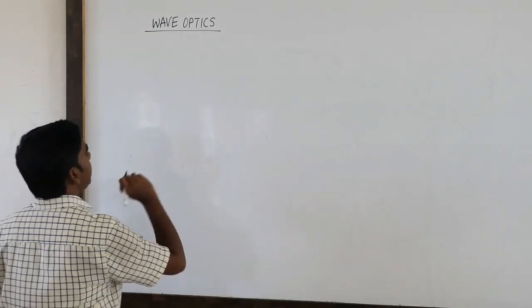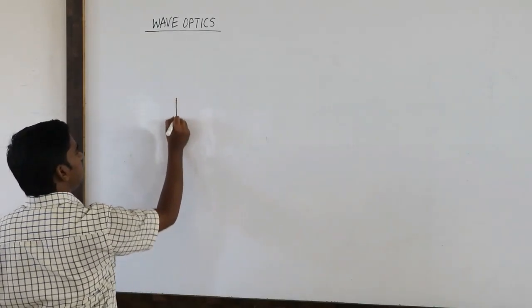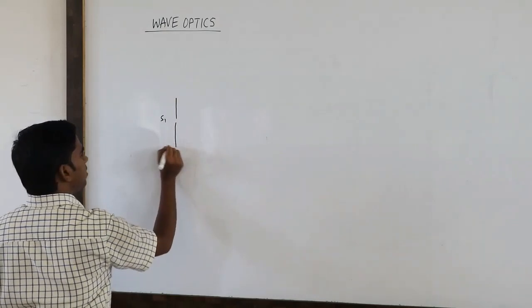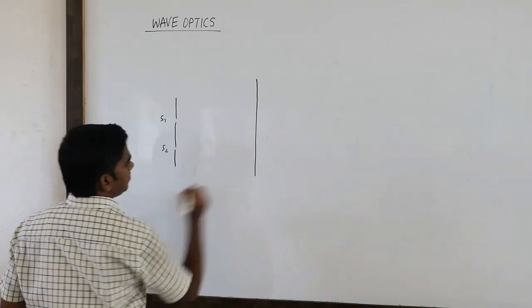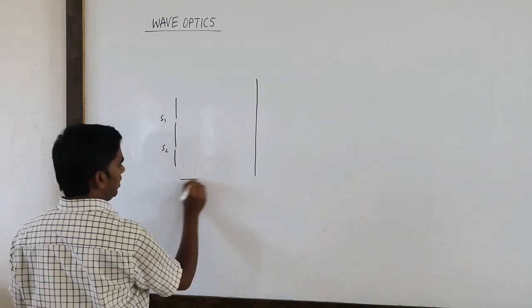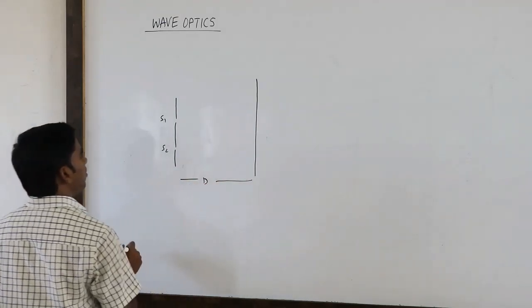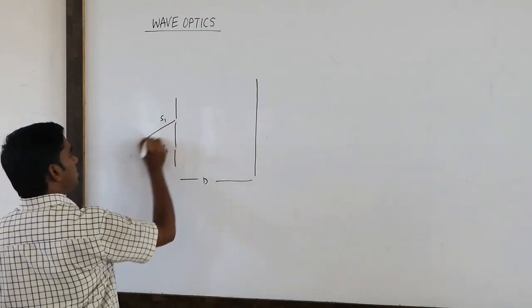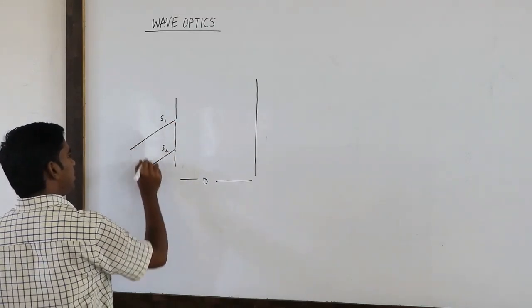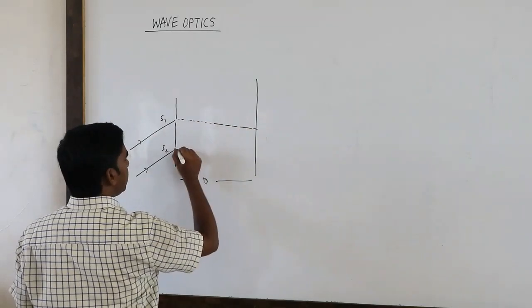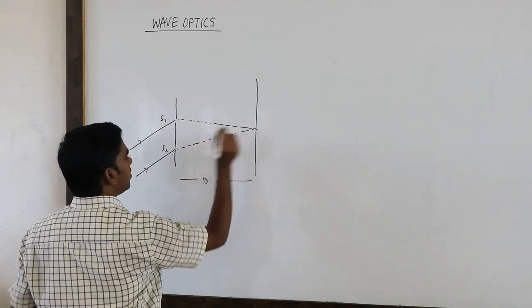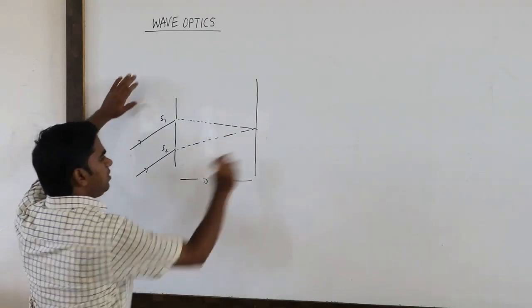So if I take the oblique incidence, what will happen? S1 is here. So here you will get S2. So here you will get a screen at a distance D. Now, if incidence is oblique, if a ray of light is coming like this, and you take the central maxima, okay, can you get central maximum?